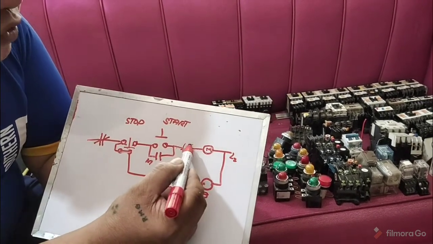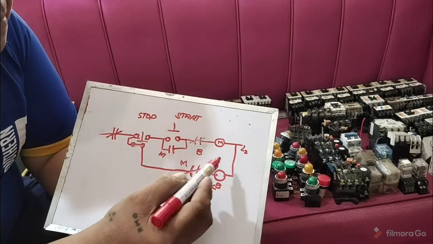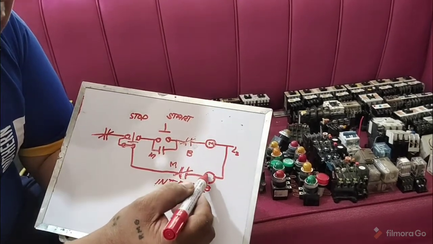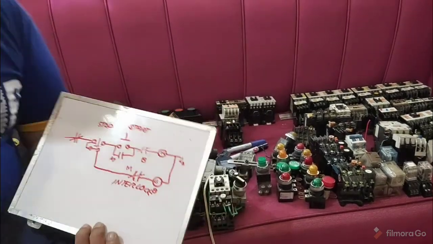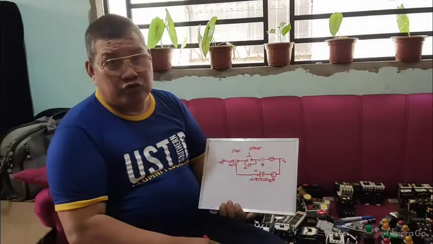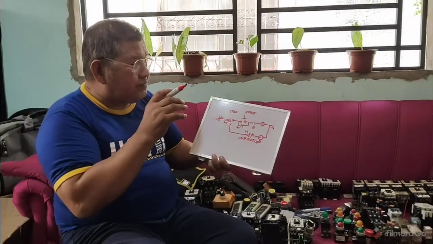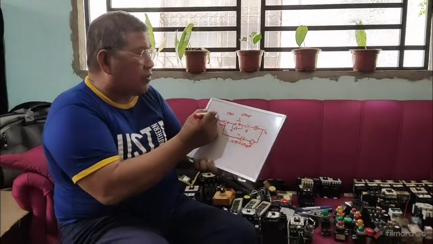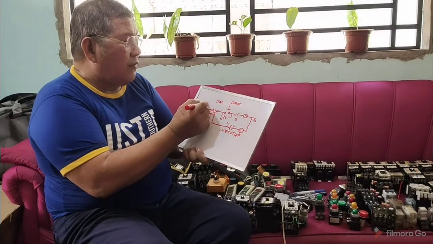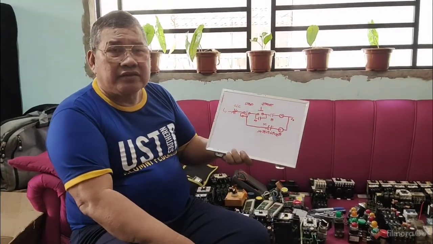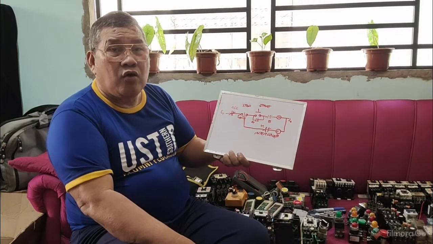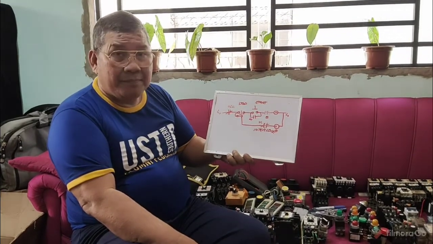You need to place an interlock between the M and the brake contactor. Okay? That is to prevent damage. This is the control circuit of your magnetic across-the-line, direct-on-line magnetic starter with dynamic braking or quick stop.